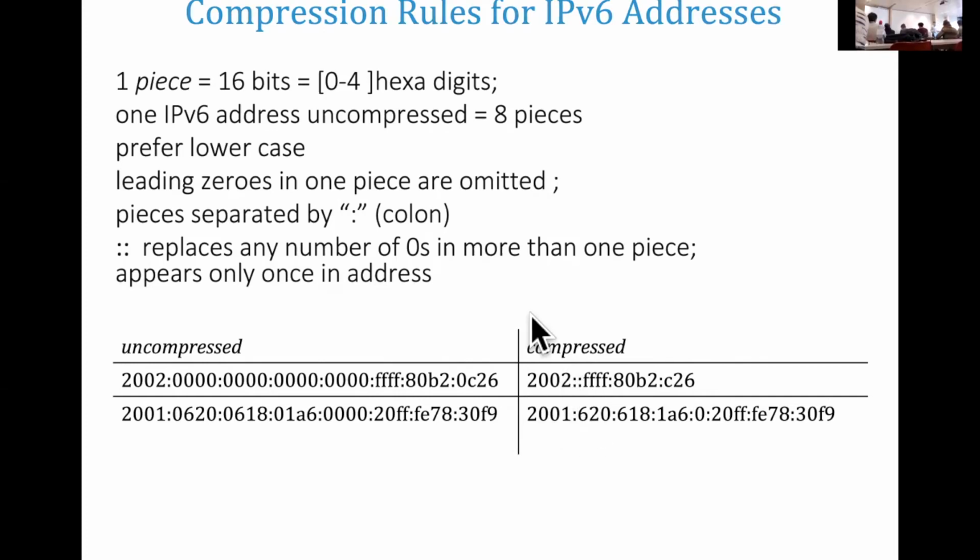Back to IPv6 addresses. I said there are compression rules. We can omit the leading 0. And if there are consecutive zeros, we can remove them and do such things. But we are only allowed to do it once, because if we do it twice, we do not know how many zeros we should put at what place.